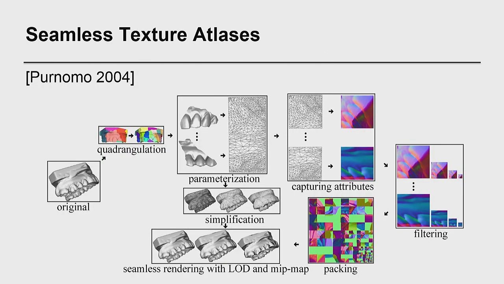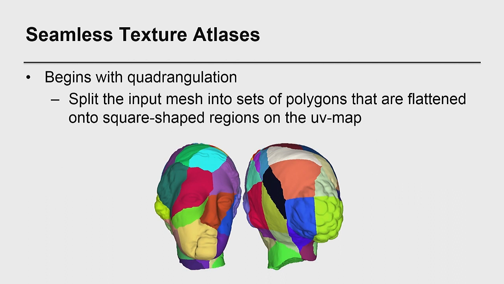All right, so this was a specific technique for some specific problems. This is a more general technique that I'm going to talk about, seamless texture atlases. This is the whole process. It kind of looks complicated maybe, but it's not all that complicated actually. It starts with what the authors call quadrangulation. You take your model and you chop it up into pieces again, but those pieces have approximate quadrilateral shapes.